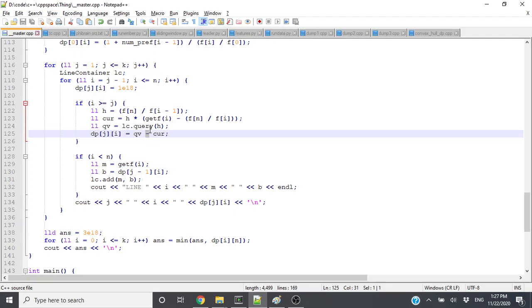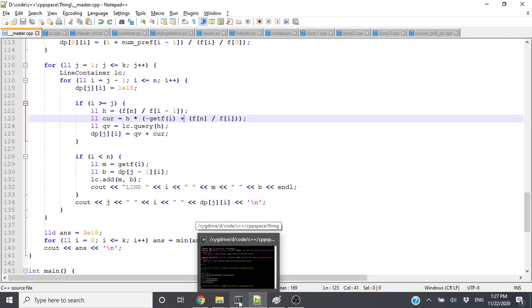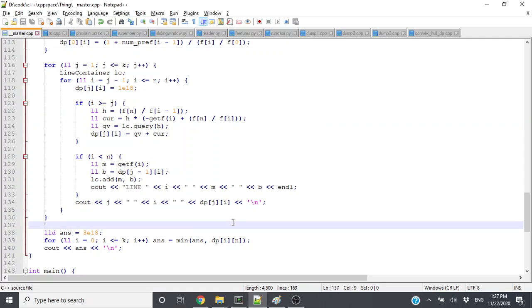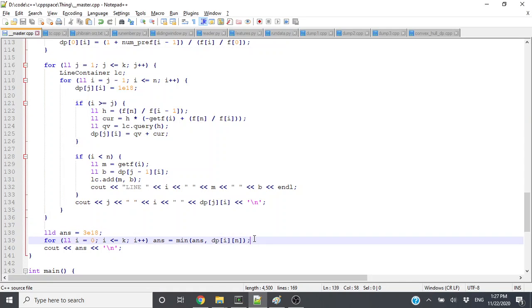Why don't we just be normal? Didn't change anything, but it's more sane to do. So I get 1, 0, that's expected. 1, 1 should not be that at all. Somehow this is like too low. So the value of h is f of n over f of I minus 1.